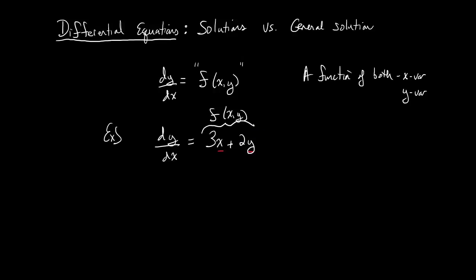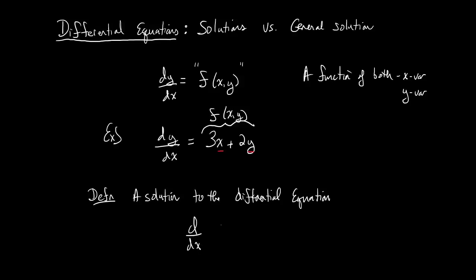So when we look at this, how do I go ahead and find a solution? We can define a solution to that differential equation by taking the derivative of some equation y of x, and this has to equal that function of x and y of x.